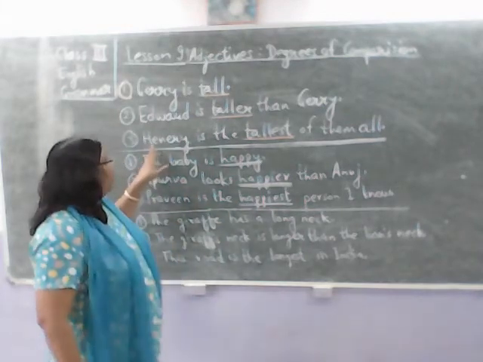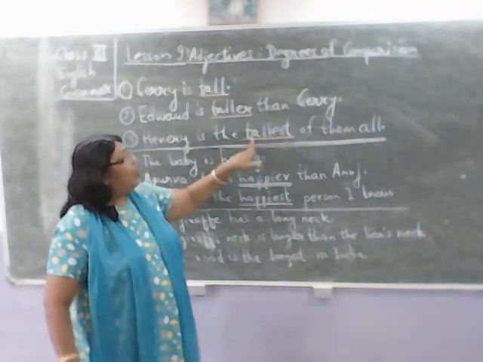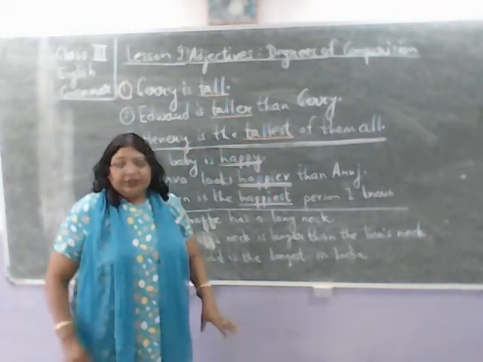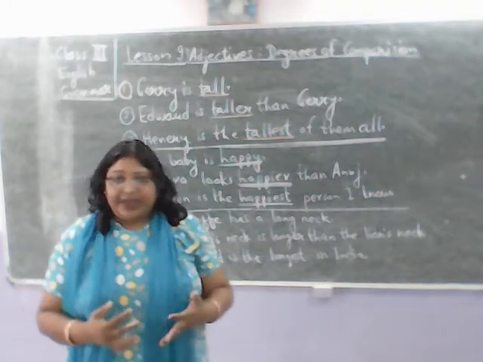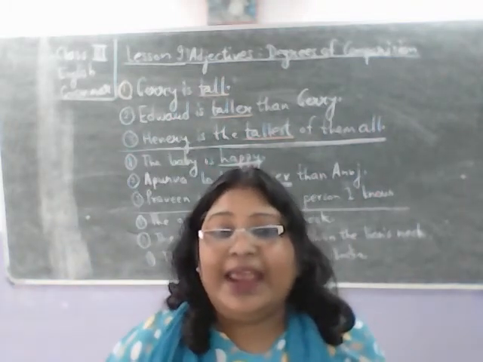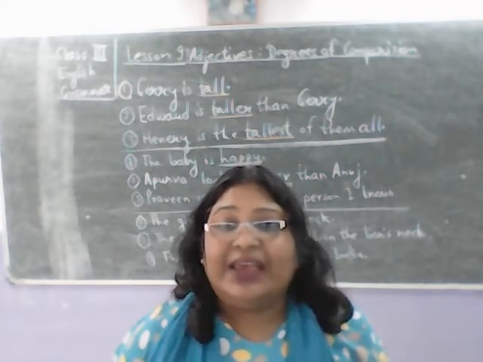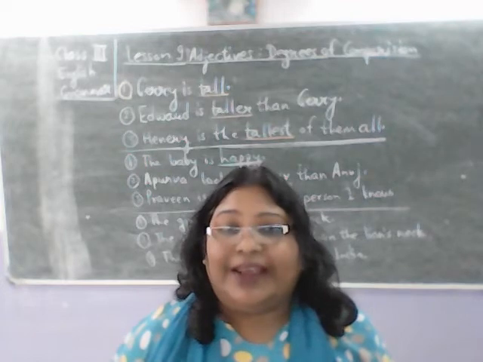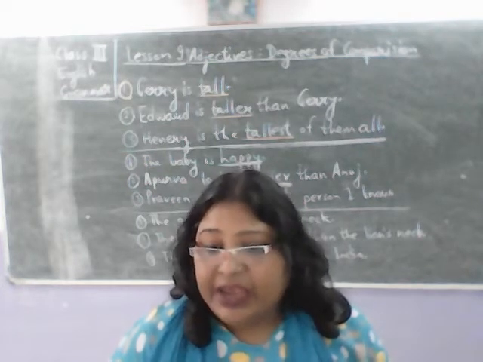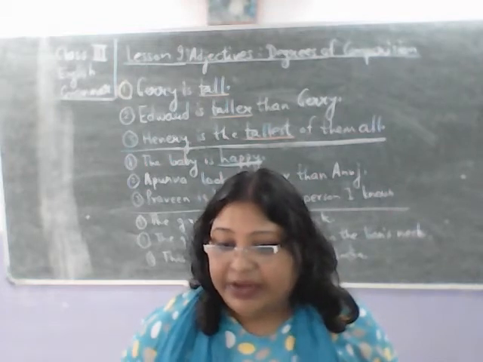Now see the third. Henry is the tallest of them all. So here we are comparing Henry's height with all, and we are using the word tallest. The adjective tallest, to tell the height.